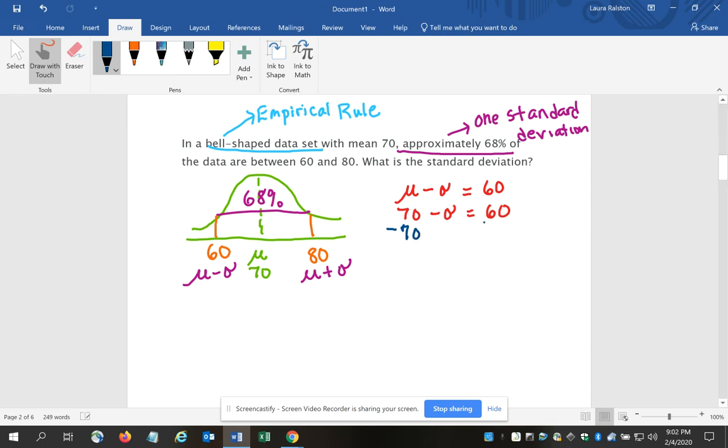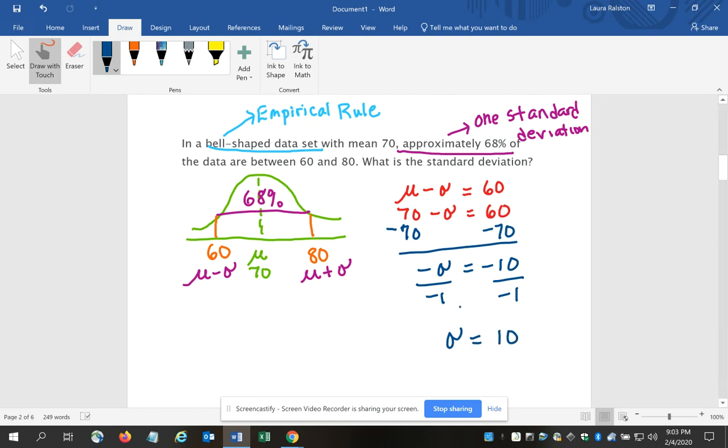Subtract 70 from either side, so I have the opposite of the standard deviation equals negative 10. Then I divide both sides by negative 1, so sigma is equal to 10.